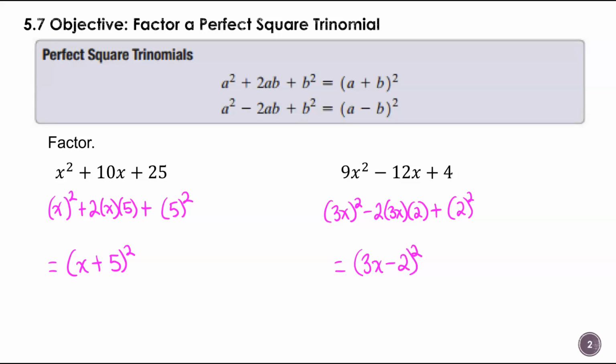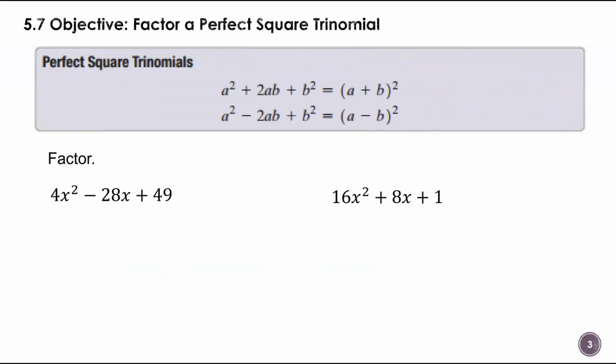Now, it's a minus because right there is a minus, right? So if my second term's negative, then it will factor with a minus sign. You can always go back and multiply this out to double check, but if you've checked it with the formula, then you're going to know that, oh, this does factor this way.